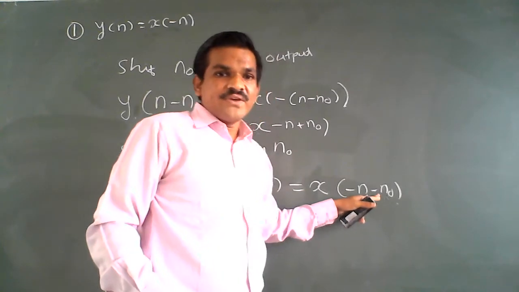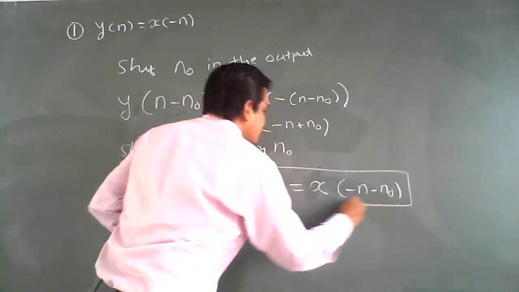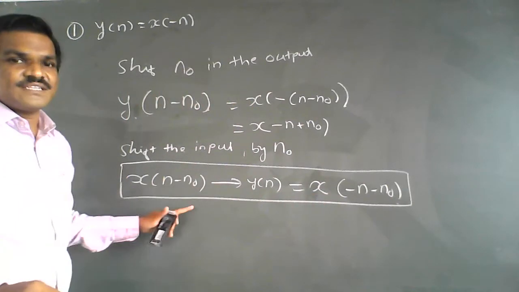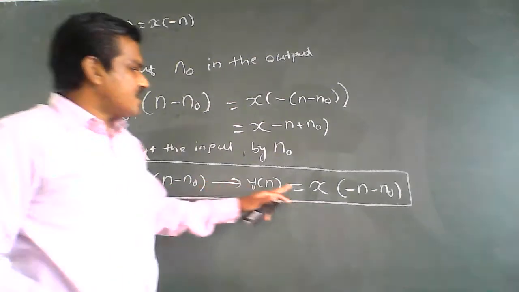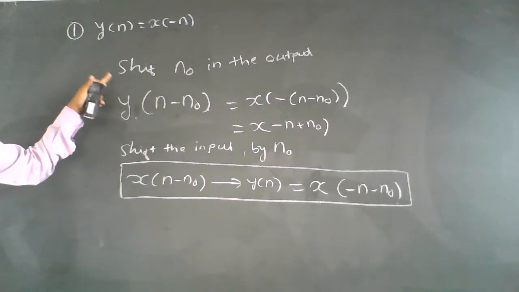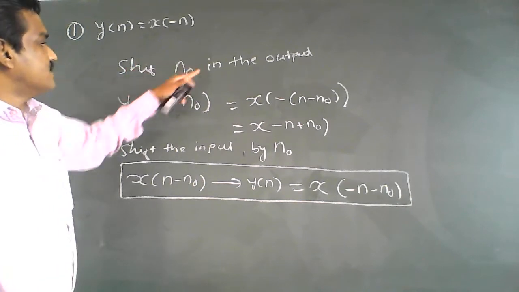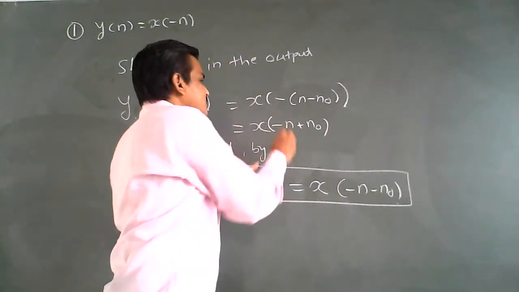From this equation you can see that when you shift the input by n0, you will get x of minus n minus n0. When we shift the output by n0, you will get x of minus n plus n0.